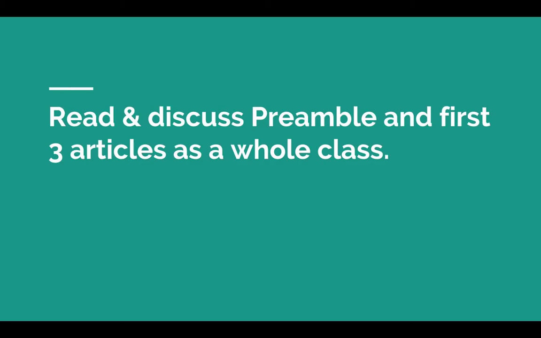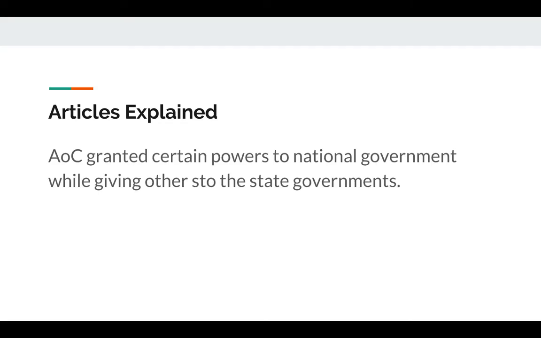Okay, so make sure that we are all aware that these Articles of Confederation granted certain powers to the national government while giving others to the state governments. What we're going to do now is divide into small groups.